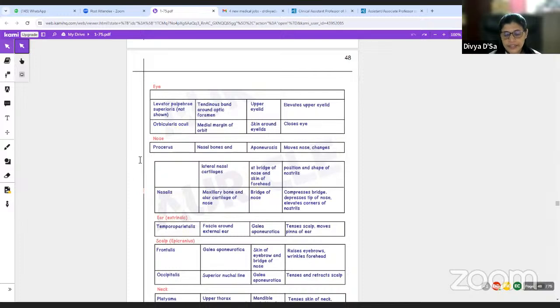Then around the ear, the muscles are extrinsic muscles, that is, the temporoparietalis. It has its origin from the fascia around the external ear, and it gets inserted into the aponeurosis. Basically it tenses the scalp and moves the pinna of the ear.